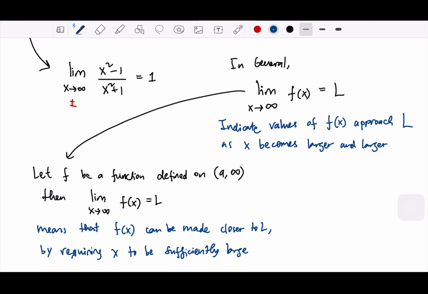Well, basically it's the same way to say it, but it's more rigorous or more official.